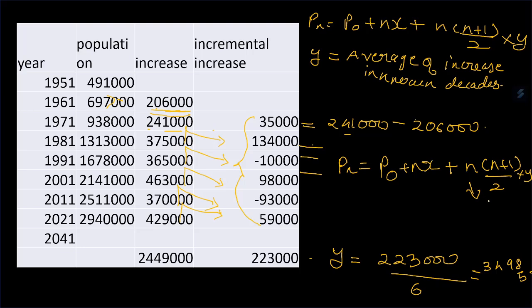So this comes out to be 2 into 2 plus 1, n is 2, so 2 plus 1 is 3, divided by 2, into this value here. And the answer, I keep it as an assignment, this incremental increase. So please find what exactly the answer you get, and comment your answer in the comment box.